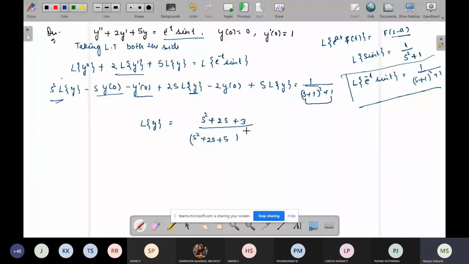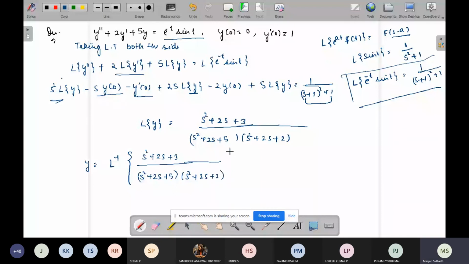This you can open as a square plus b square plus 2ab. So you will get s square plus 2s plus 2, right? Now this is Laplace transformation of y. That means to find y, you should know the L inverse of this term, s square plus 2s plus 3 over s square plus 2s plus 5 and s square plus 2s plus 2.